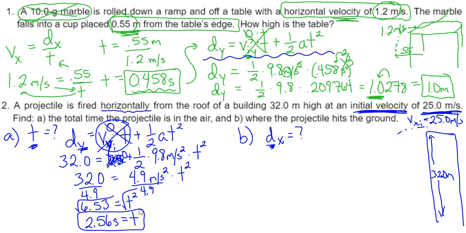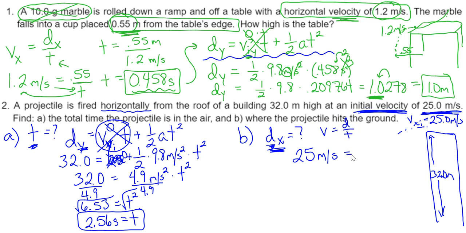Okay, so then if I want to figure out the distance in the horizontal, all I need to do is use my velocity equation. Velocity is equal to distance divided by time. So my velocity was 25 meters per second. Okay.